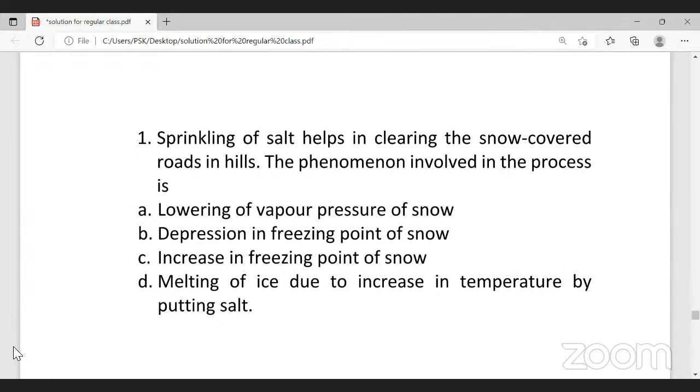So listen to this. When salt is spread over snow, snow starts melting from the surface because of the depression in freezing point, and helps in clearing the road.